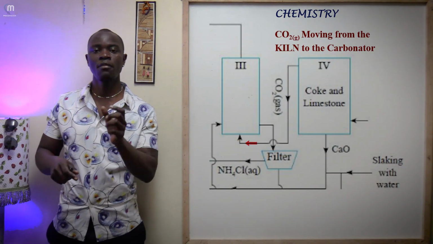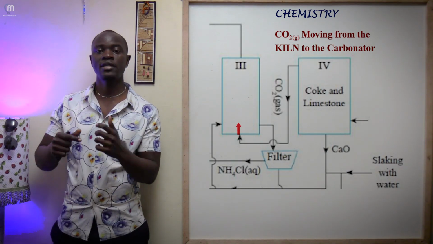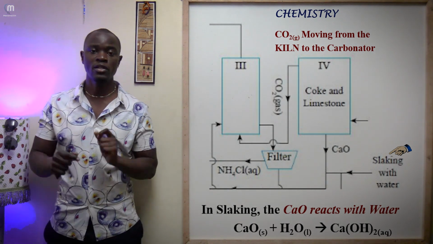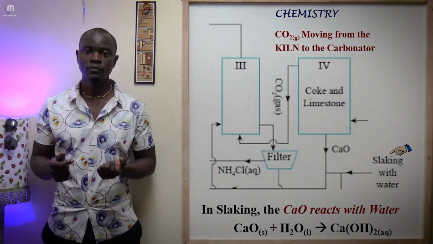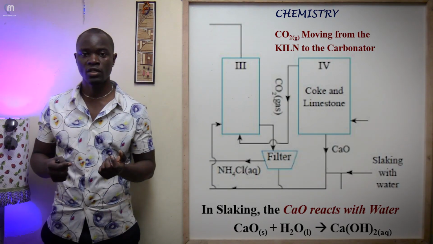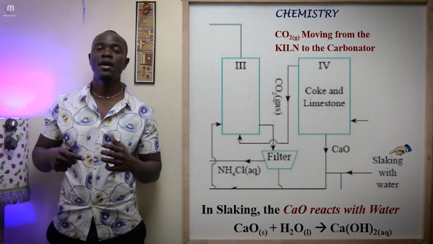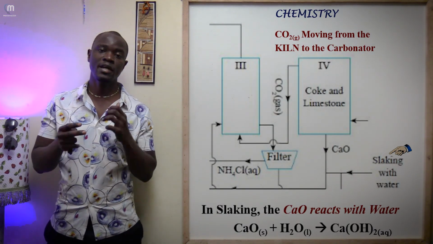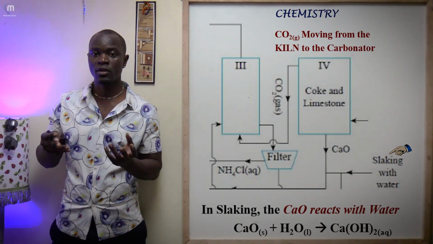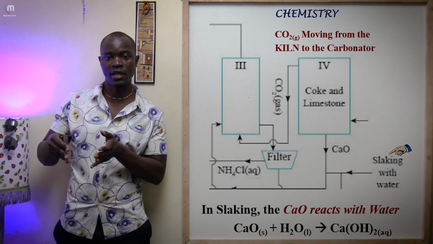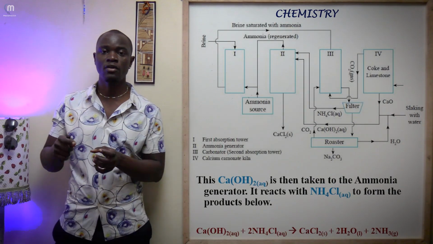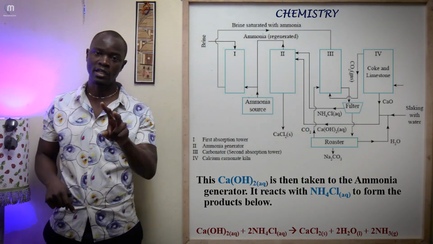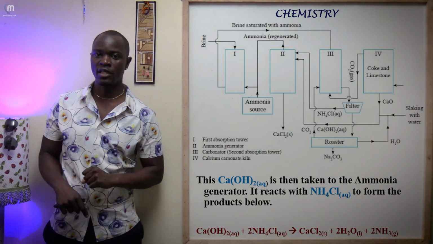So if this calcium oxide is reacted with water, calcium hydroxide is formed, as you can see in the reaction. This calcium hydroxide is then taken to the ammonia generator, that second chamber.